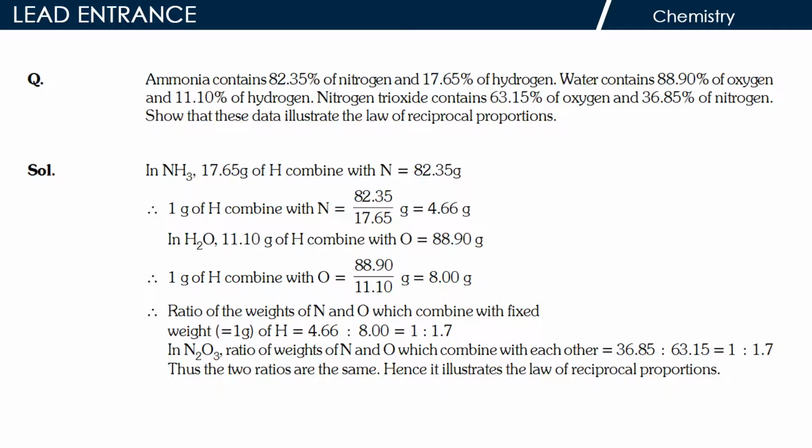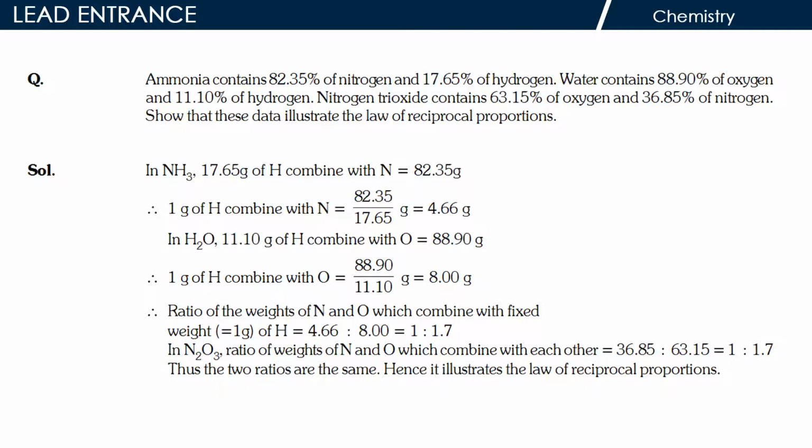Therefore the ratio of the weights of nitrogen and oxygen, which combined with a fixed weight (equal to 1 gram) of hydrogen, is equal to 4.66 : 8.00, which is equal to 1 : 1.7.